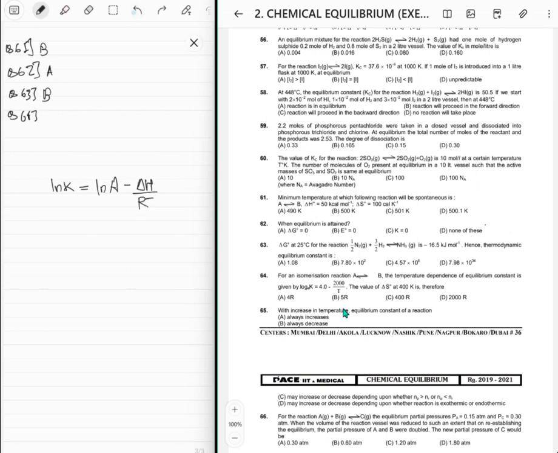Yes, that is the case, because at T equal to infinity you just have natural log A, and that would be correct, I think.